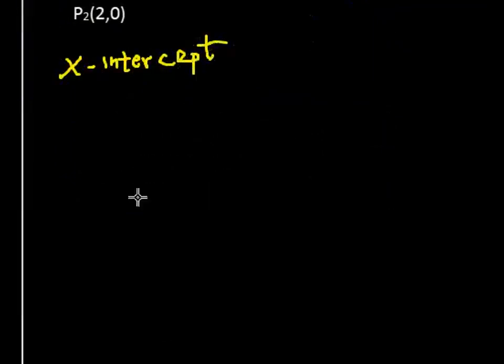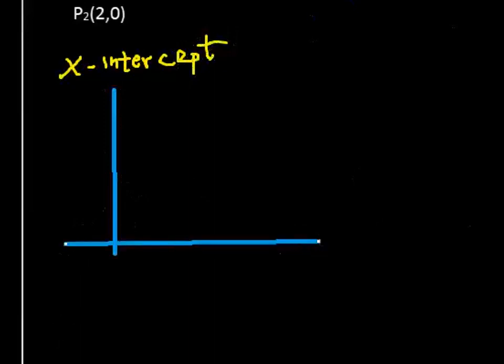Let's draw the graph. At the very point where x has an intercept, let's say you have a line. As you can see, at that very point where y is having an intercept, which is b, x is always 0.